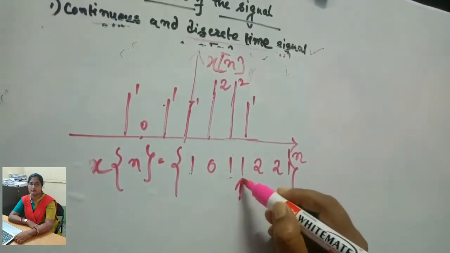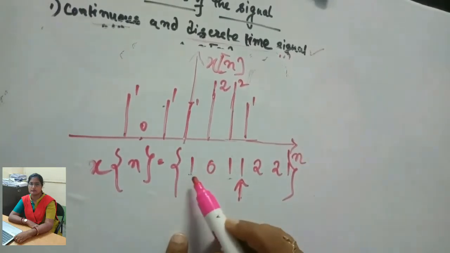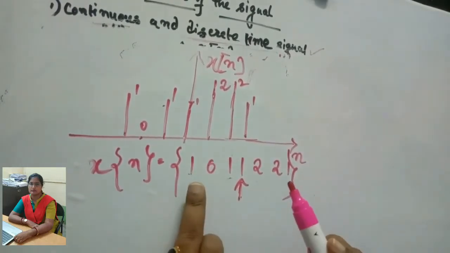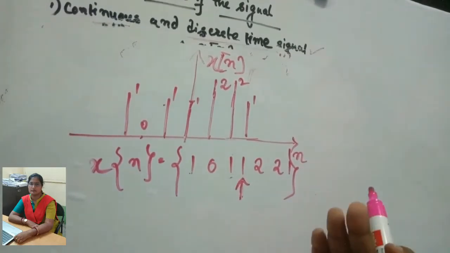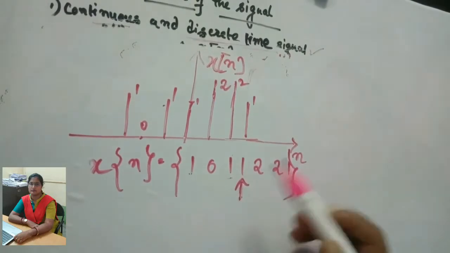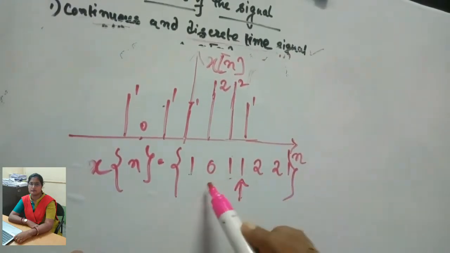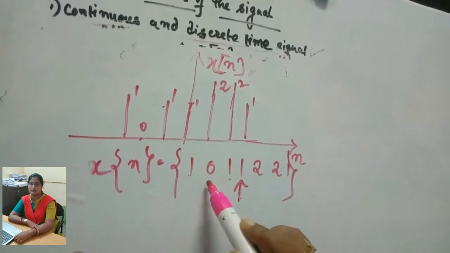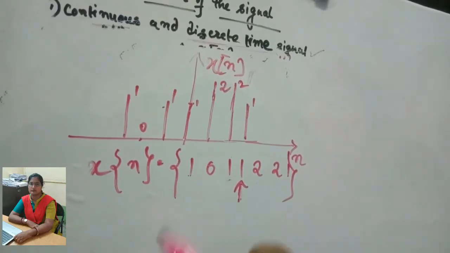If we put this arrow in this place, that means the first one is the 0 value. That means on the left side of this 0 value, it must be t to the power minus 1 value. It should be t to the power minus 2 value. It should be t to the power minus 3 value.